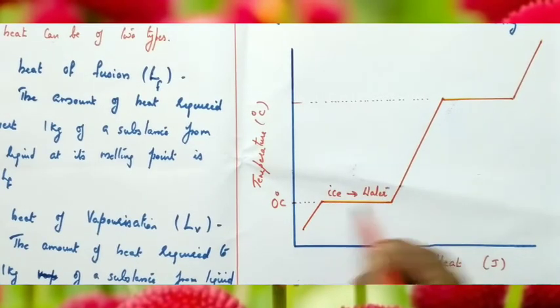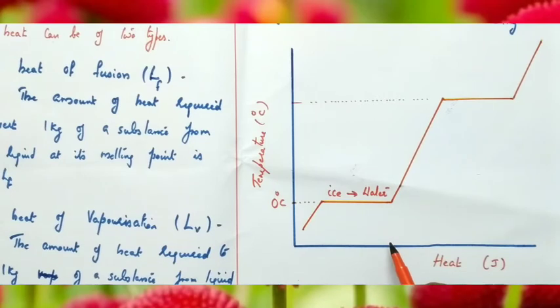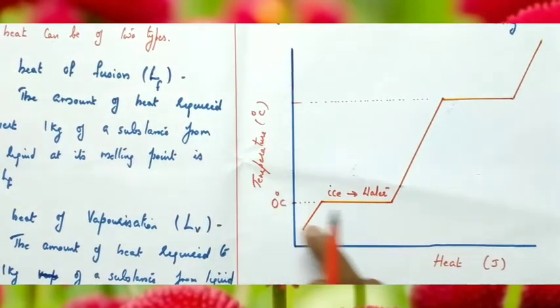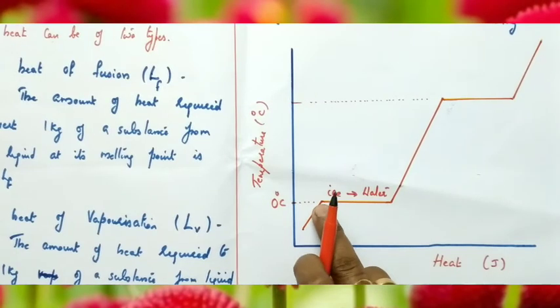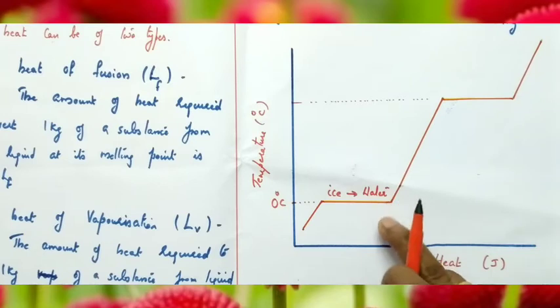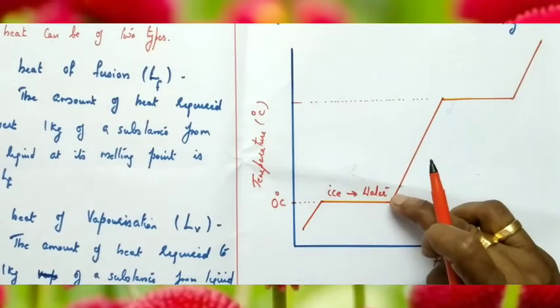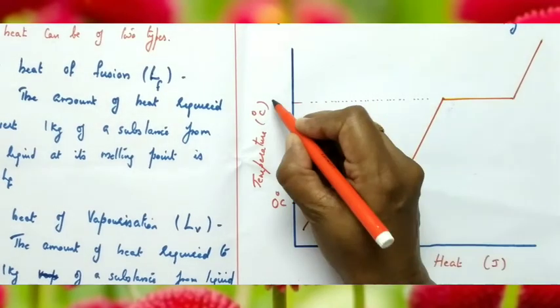So during this change of state from ice to water, what happens to temperature? Temperature remains constant. We are applying the quantity of heat, that is the latent heat of fusion, but the temperature remains constant. Clear, children? So until the whole amount of ice converts to water, temperature remains 0. Now again, if you are giving the quantity of heat, what happens to temperature? Temperature increases until it becomes 100 degrees Celsius.